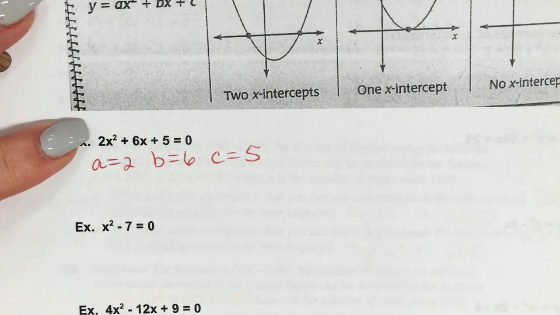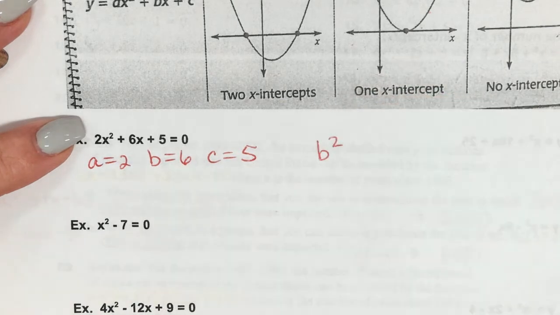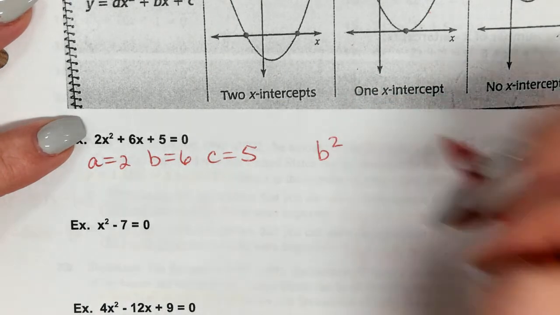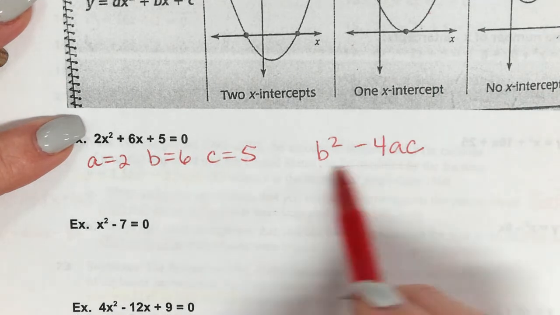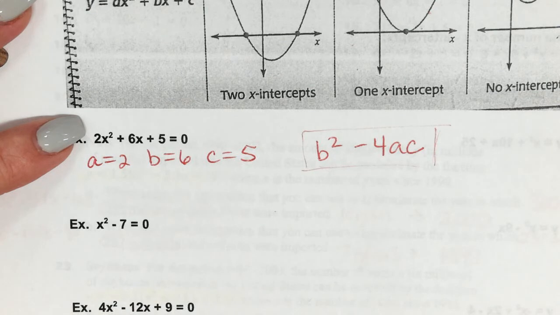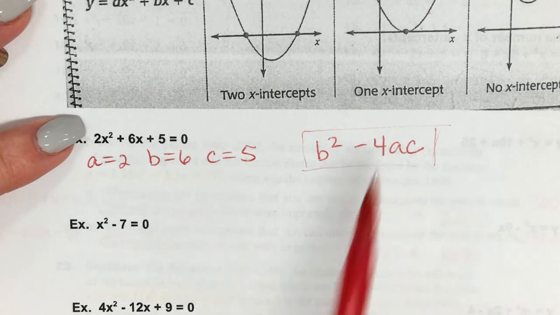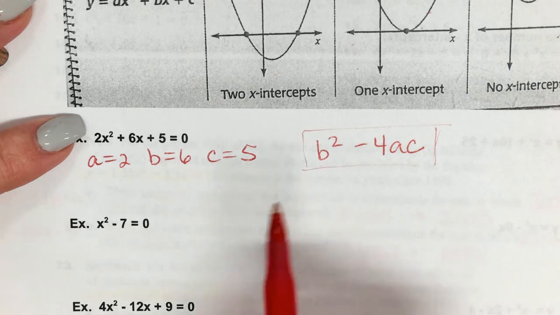Now we're only going to look at the part under the radical symbol: b squared minus 4ac. If this value is greater than 0, I'm going to have two solutions. If it's equal to 0, one solution, and if it's less than 0, no solution.